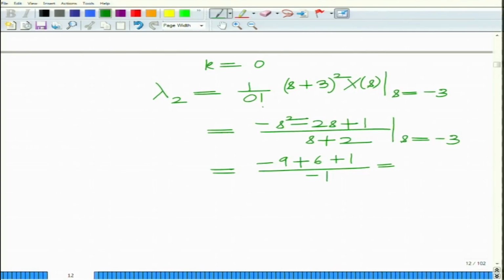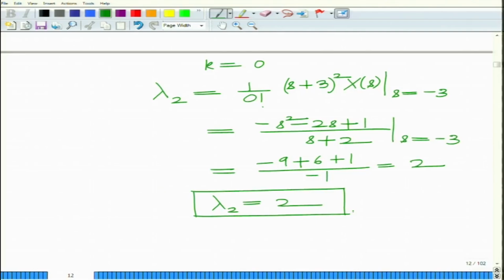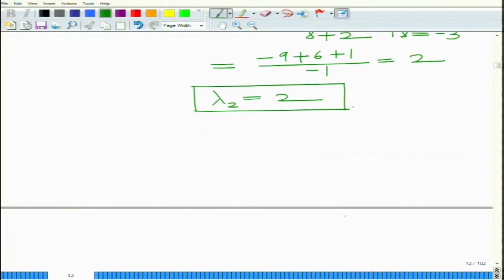So, that is minus 2 divided by minus 1, that is 2. So the coefficient lambda 2 equals 2.